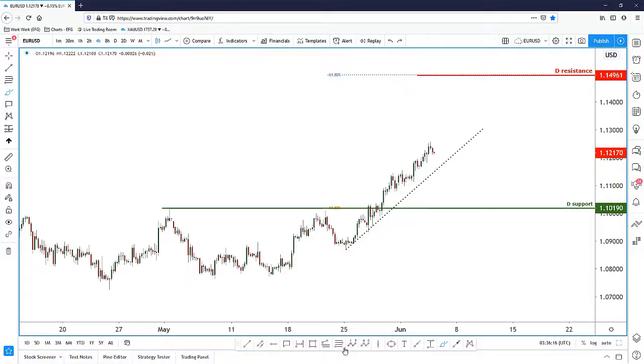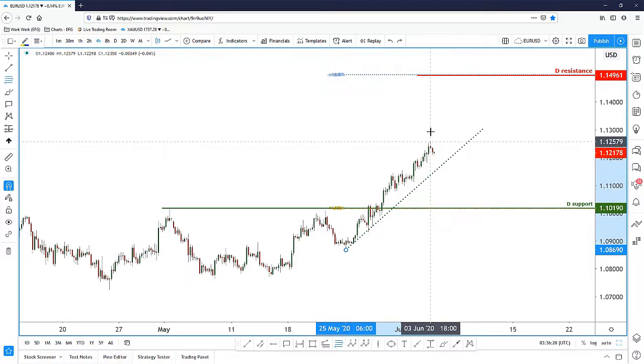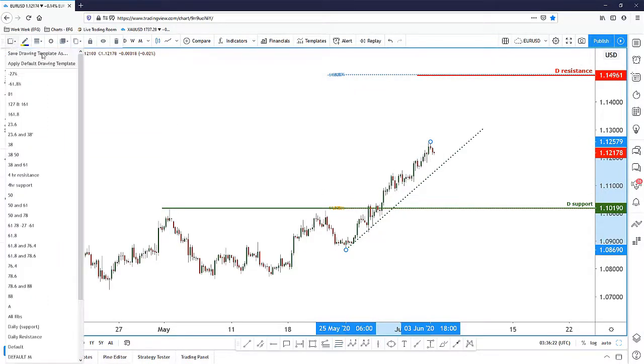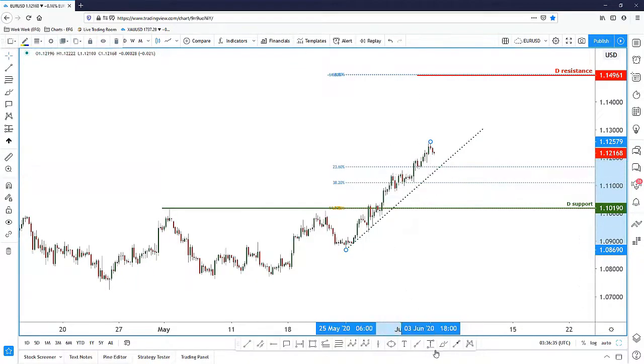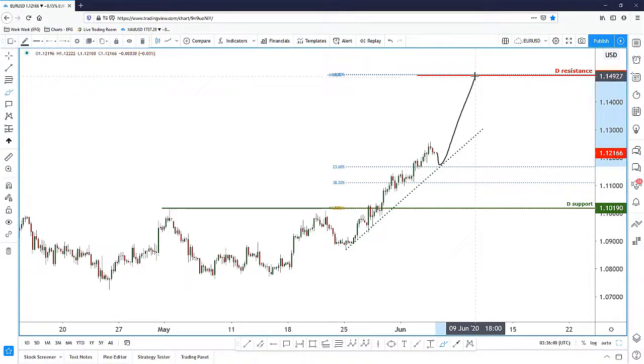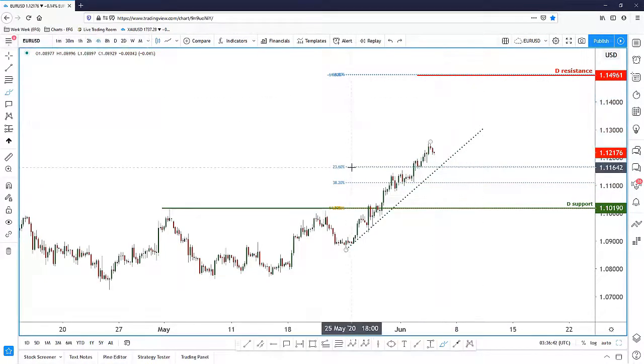And I want to use the Fibonacci retracement one more time from the low to the high, and then bring out all the Fibonacci ratios above the trend line. So 50% is clearly below already, so I just want to look at the 23 and 38. It looks like price can make a push back down to the 23 before coming up to the daily resistance.